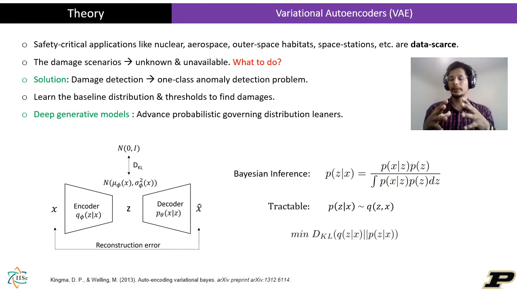So we'll train on that, and we'll learn the distribution of the baseline signal, and we'll use the very basic technique of putting a threshold. Anything beyond that threshold will be classified as an anomaly. So this will be the automated stage.